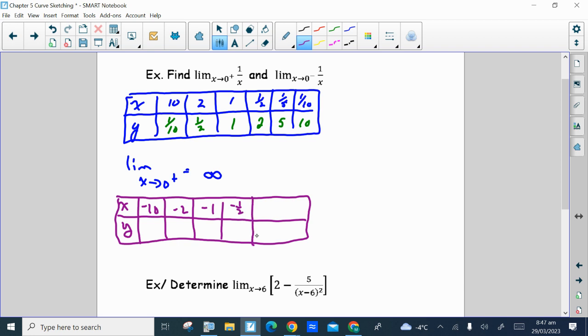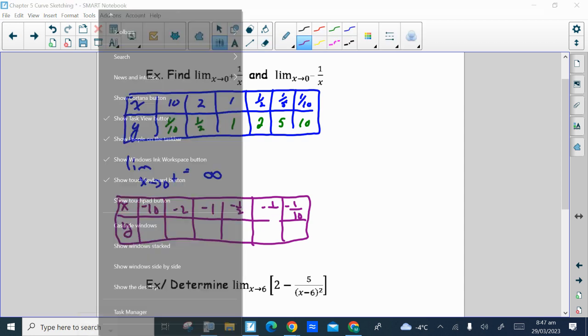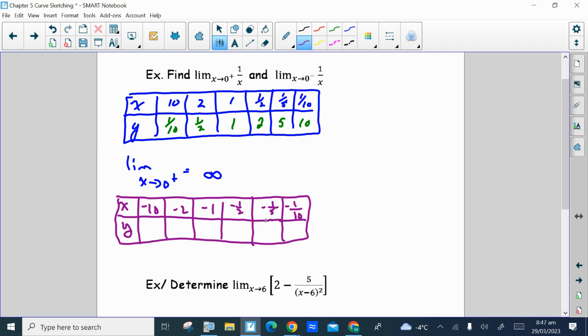Let's say negative a half, negative a fifth, and negative 1/10. So 1 over negative 10 is negative 1/10. 1 over negative 2 is negative a half. 1 over negative 1 is negative 1.